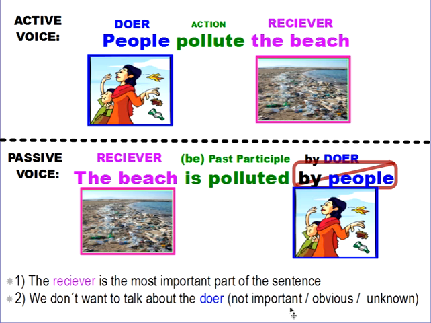Maybe it's not important, or maybe it's obvious, or maybe we don't know. So in the context of the beach is polluted, maybe it's not important who is polluting the beach, or maybe I don't know who's polluting the beach, or maybe it's obvious who is polluting the beach. So I don't always need to use my doer. I can just say the beach is polluted. Okay.